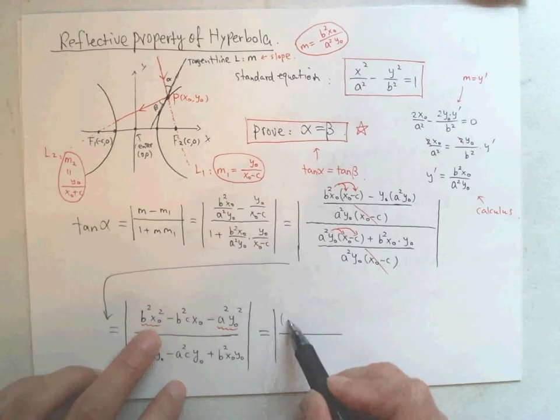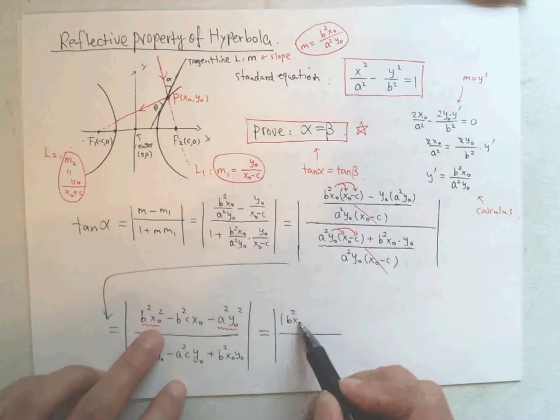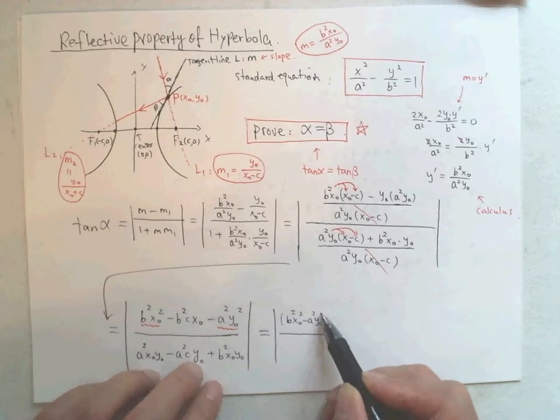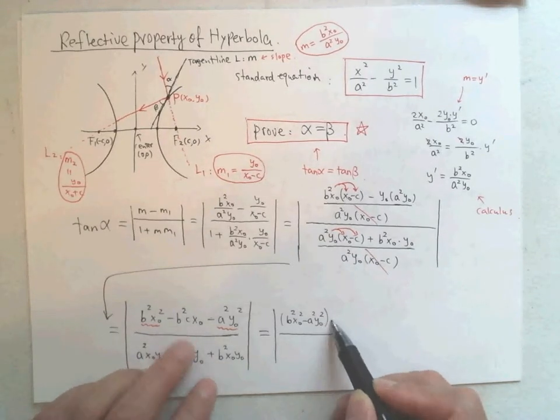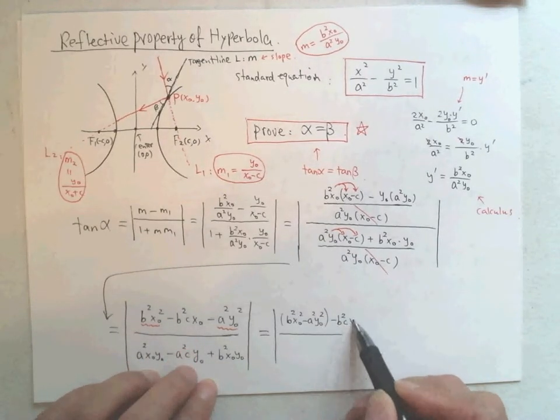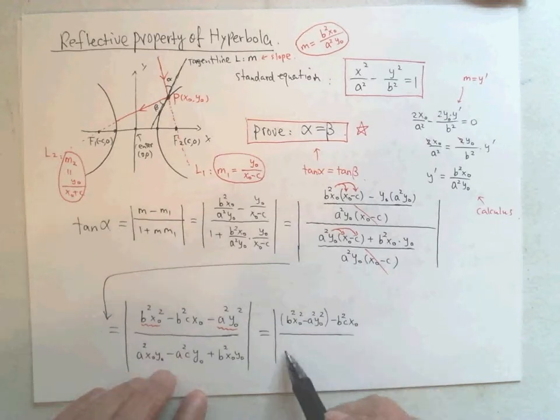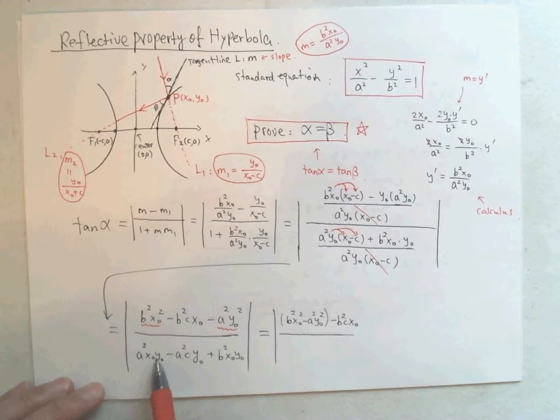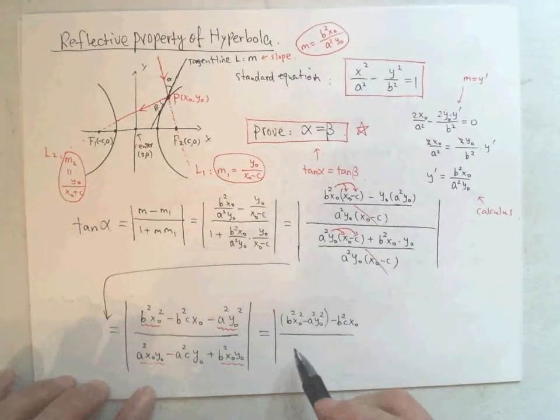This term and this term I put in a parenthesis: b square x0 minus a square y0 square. Okay, and then minus b square c x0. What the bottom I also going to put something together. x0 y0, x0 y0. I put this term and this term together.